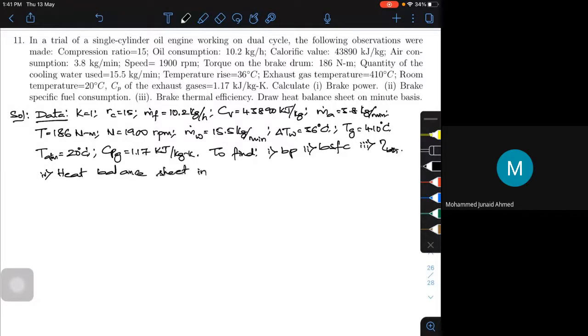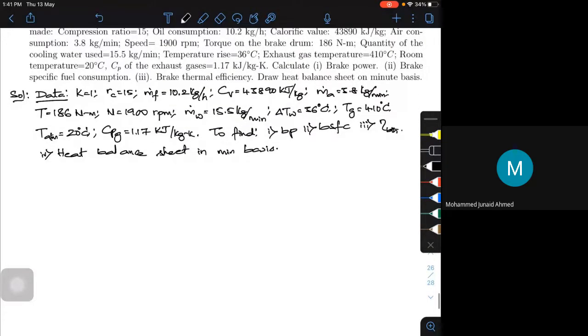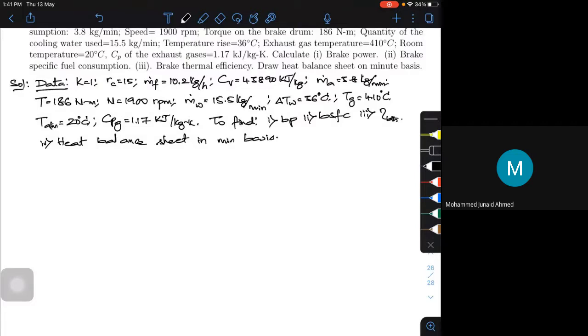These four quantities you are supposed to find. So let's try to find one by one. Let's try to find the BP. It's a straightforward formula, 2 pi NT by 60 into 10 to the power of 3. First we'll find brake power.